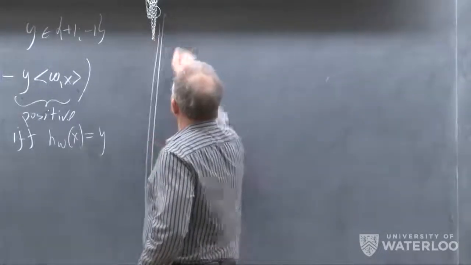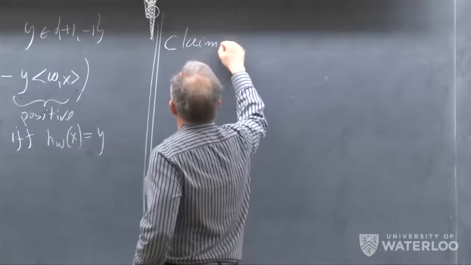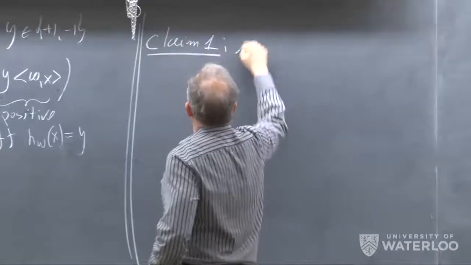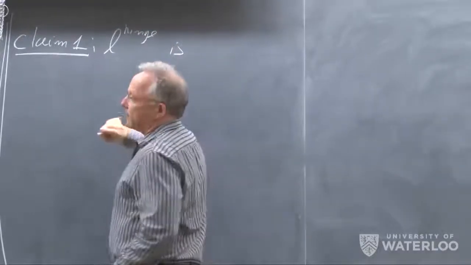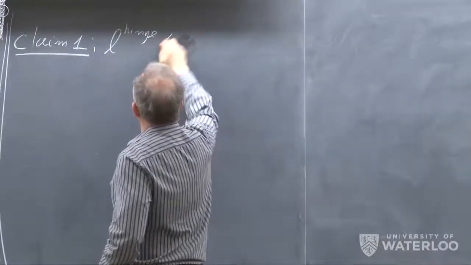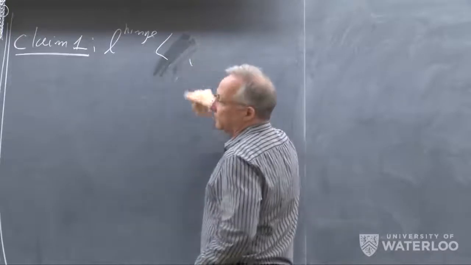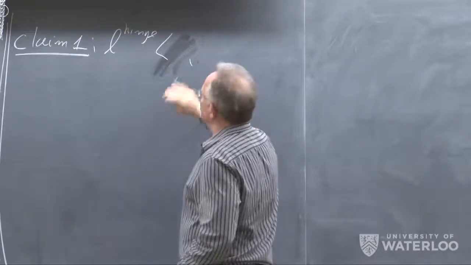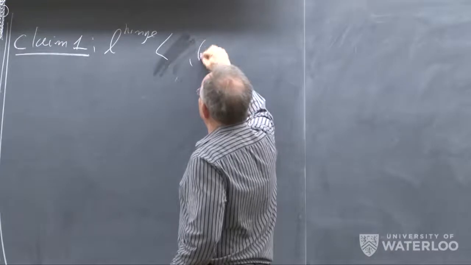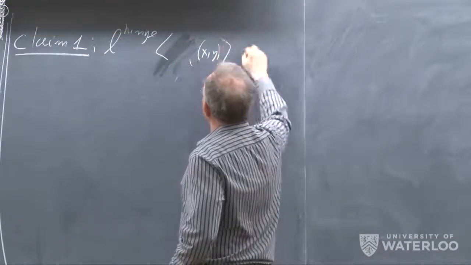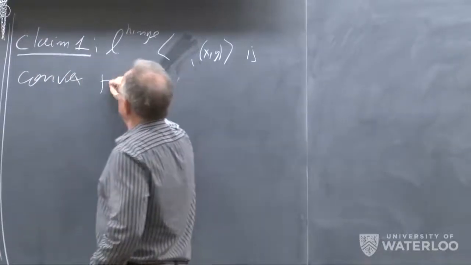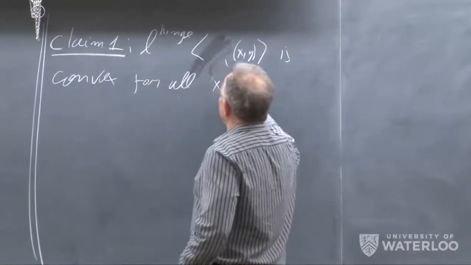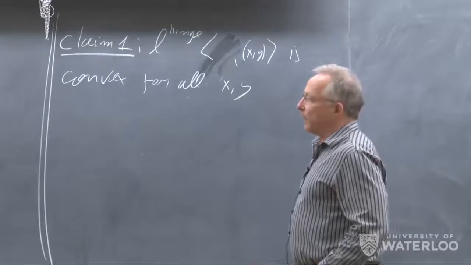So my first claim, claim 1, is that L hinge of some input and a point xy is convex for all xy. And why is that?